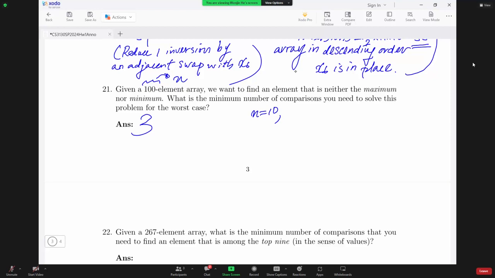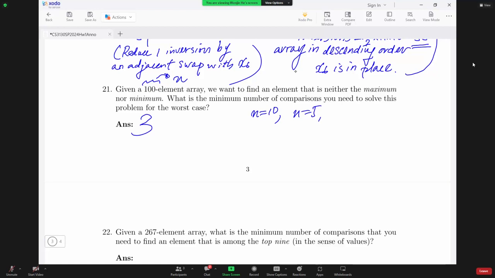So you can do that. But you may feel 10 is still too many. Can you change to n equals 5? So given 5 elements, can you find some element that is neither maximum nor minimum? Now you won't feel it's too hard, right?